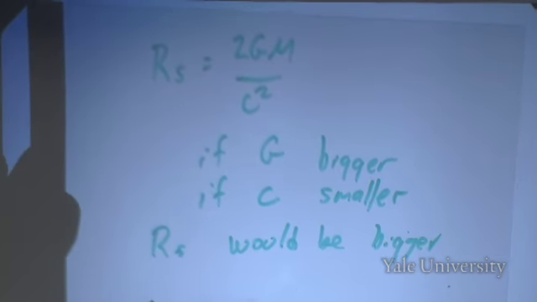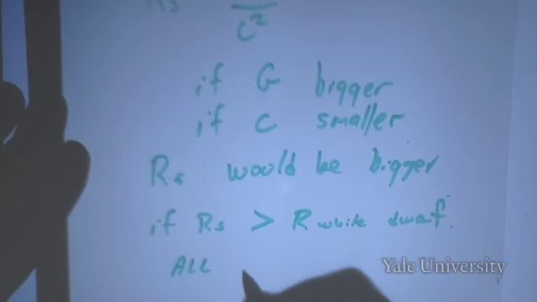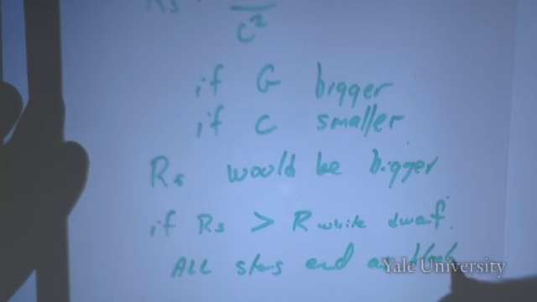So now think about what happens if the Schwarzschild radius is bigger than the radius of a white dwarf. Then you never get white dwarfs or neutron stars. All stars, when they run out of nuclear fuel, evolve straight into black holes. Then all stars end as black holes.